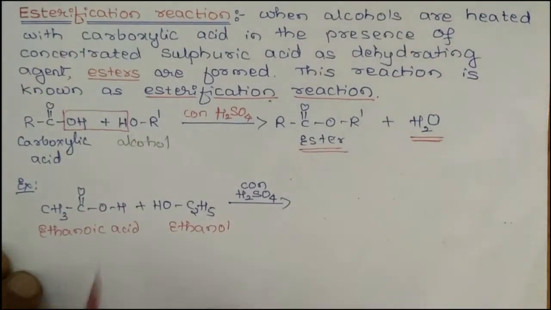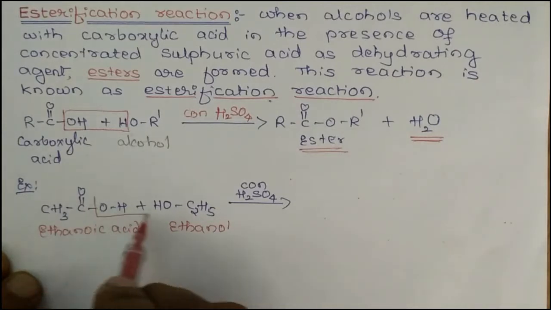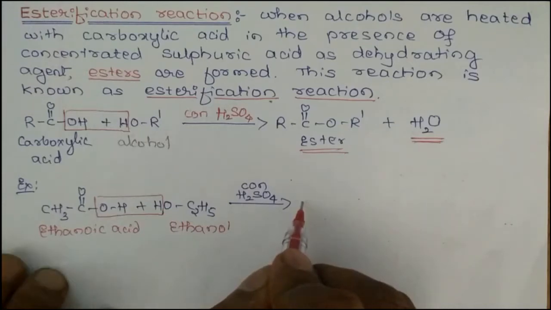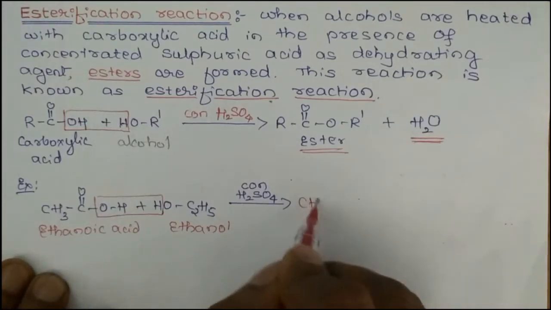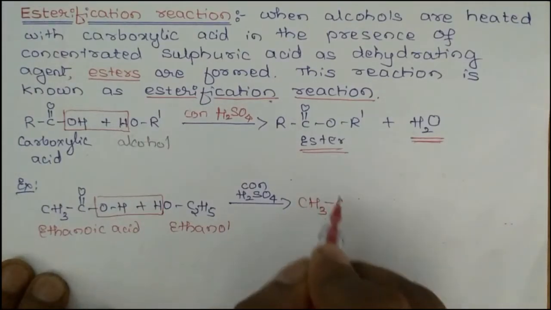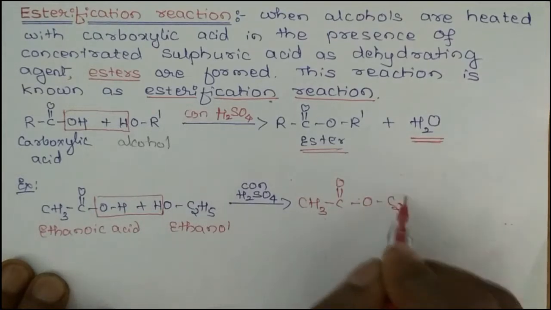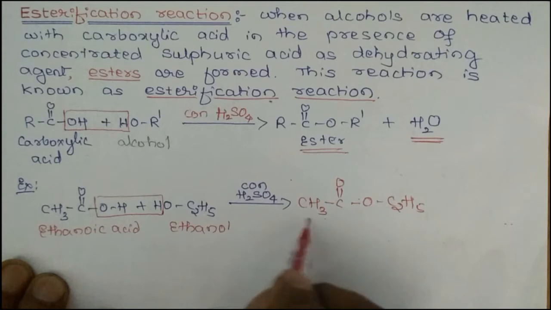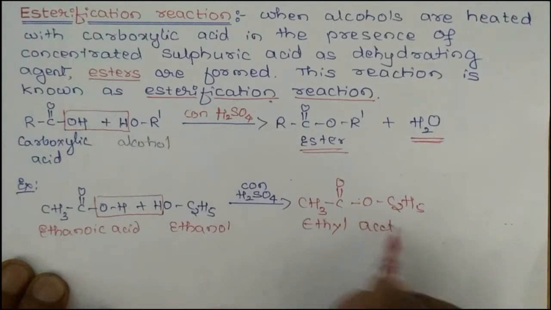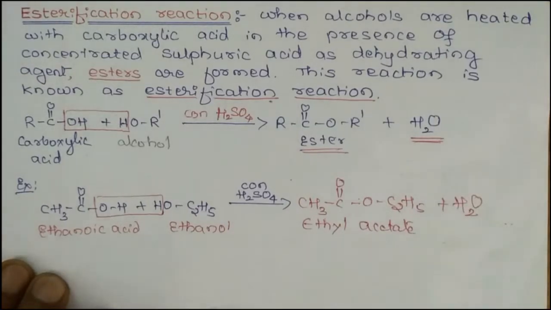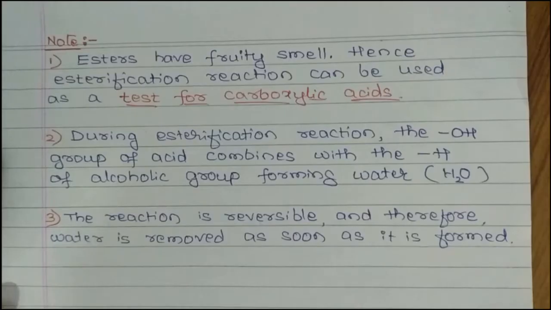You are going to eliminate a molecule of water like this, so you are going to get an ester, CH3COOC2H5, ethyl acetate. This is ester plus a molecule of water. This reaction is known as esterification.